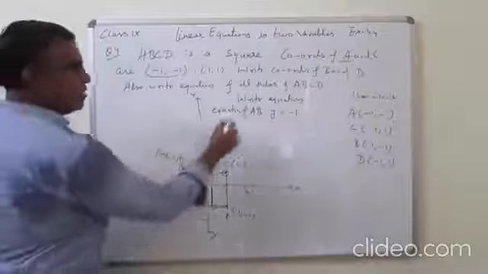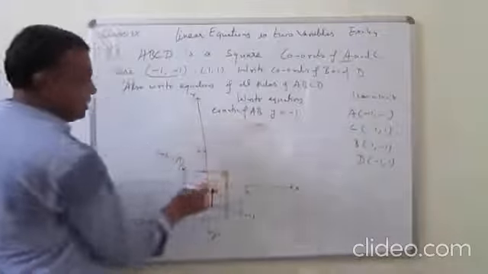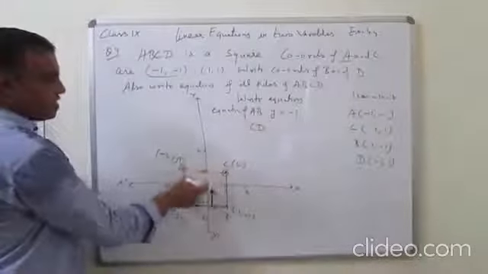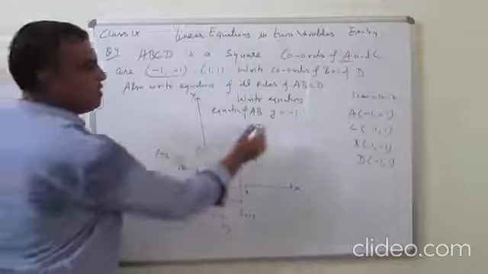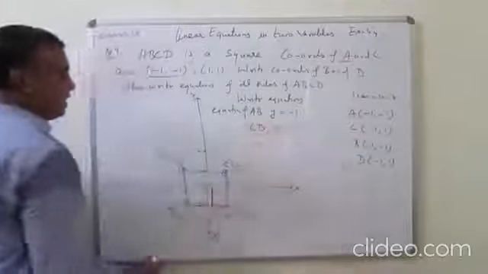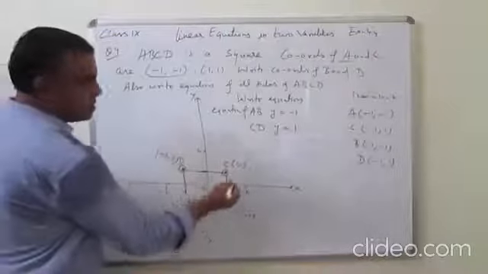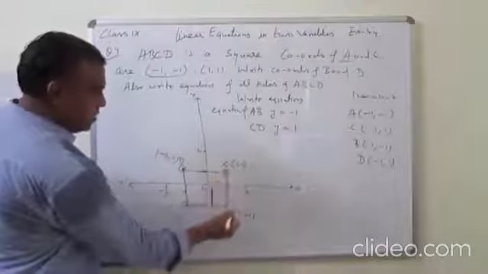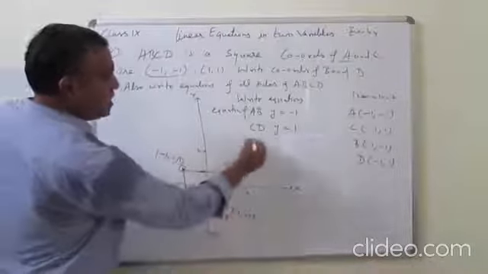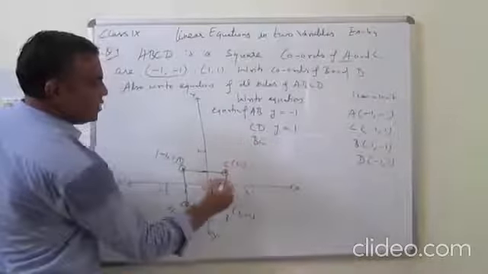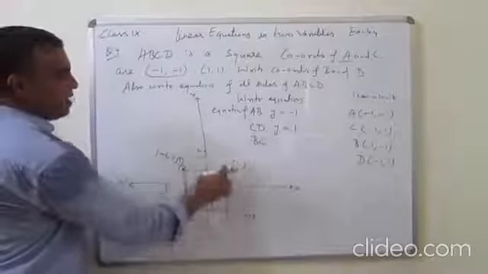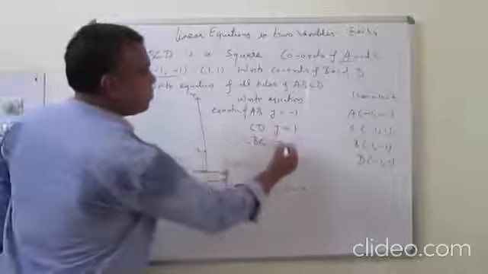And what is the equation of CD? CD is also parallel to x axis but in the upward direction it will be positive. So y is equal to 1. What is the equation of BC? BC, this distance, it is parallel to y axis, so it is x is equal to 1.